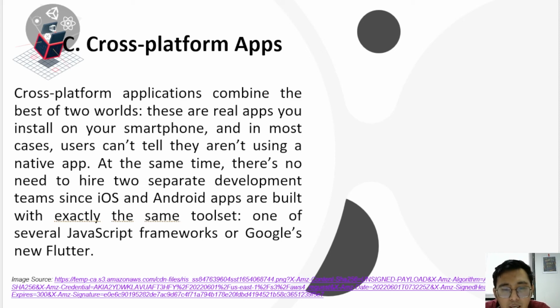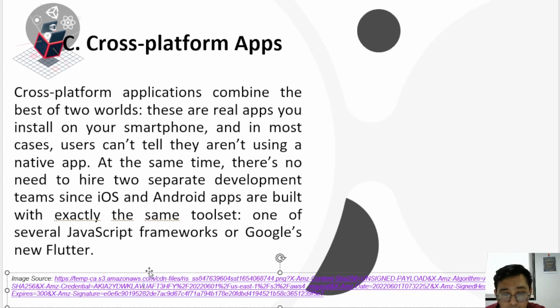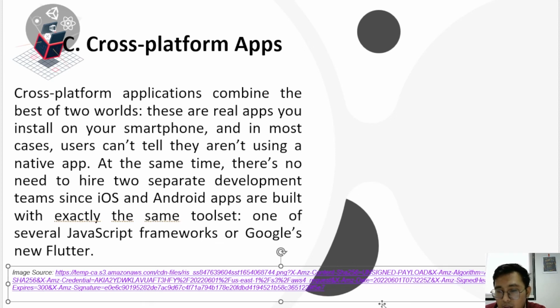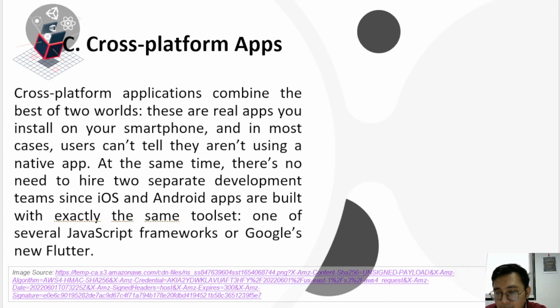But in most cases, users can't tell they are not using a native app, because it doesn't really show that it is a cross-platform or hybrid app. At the same time, there is no need to hire two separate development teams, because these are built exactly the same.